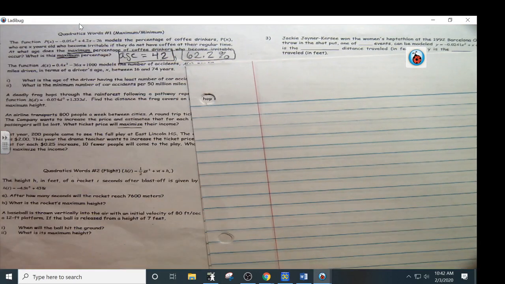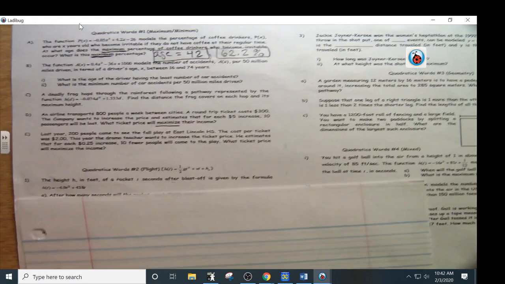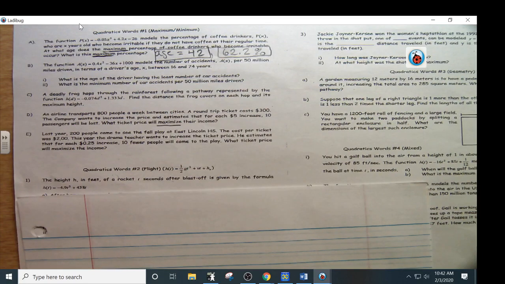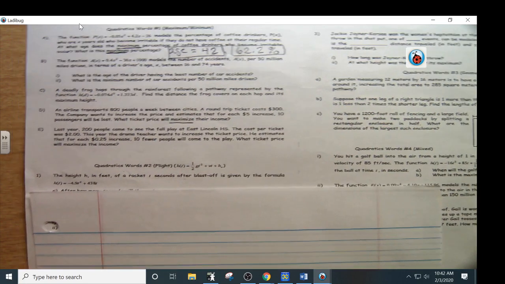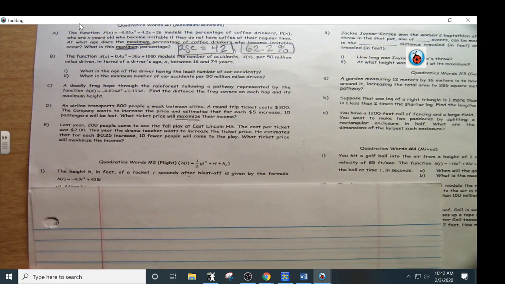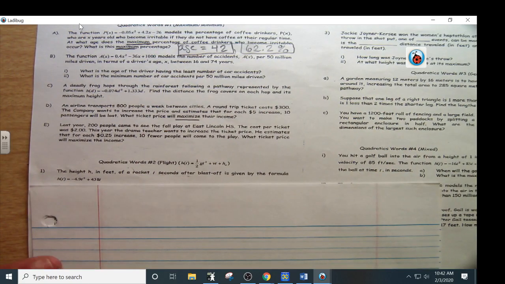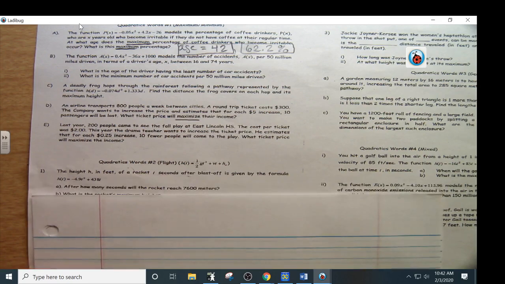The height in feet of a rocket t seconds after blast off is given by the formula h of t equals negative 4.9 t squared plus 438 t. All right.